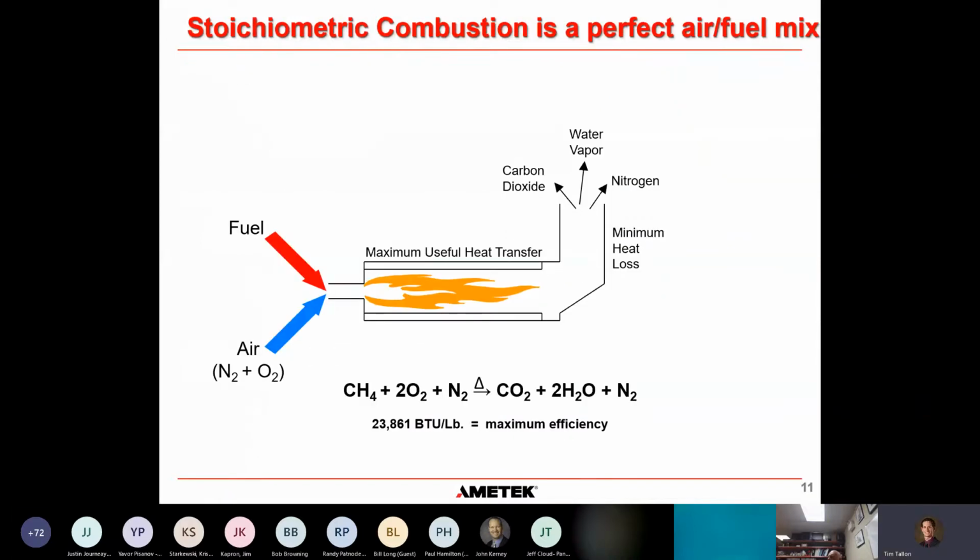And when we talk about a combustion system, stoichiometric combustion is what we call perfect air-to-fuel mixing. So you have the perfect combination of air and fuel to produce the ideal amount of heat transfer. In this case, you have the perfect amount of methane and oxygen to perform the maximum efficiency of the reaction, generating in this case 23,000 BTUs per pound, maximum efficiency.